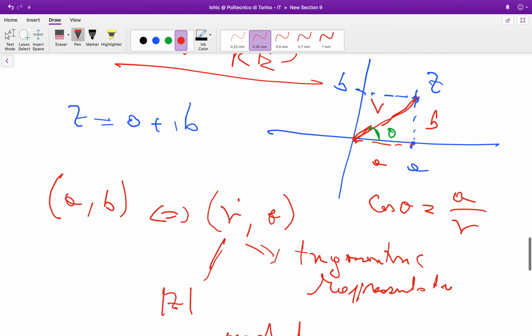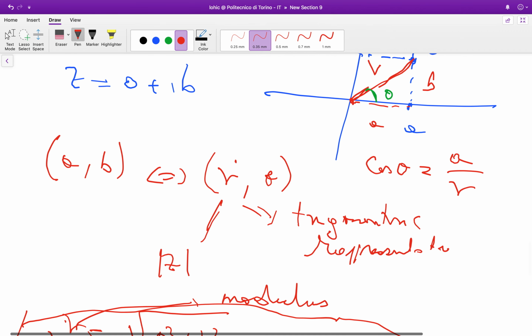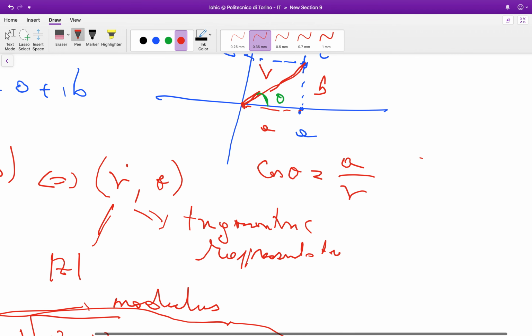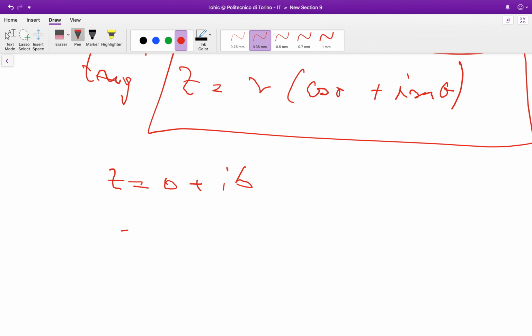The cosine of theta is the adjacent side divided by the hypotenuse, which is r. You know this rule? The cos of theta is the adjacent side, which is a, divided by r. So from this you get that a is r multiplied by cos theta. In the same way, the sine of theta is b divided by r. So at the place of a, you can write r times the cos of theta, plus b, which is i times r sine theta.